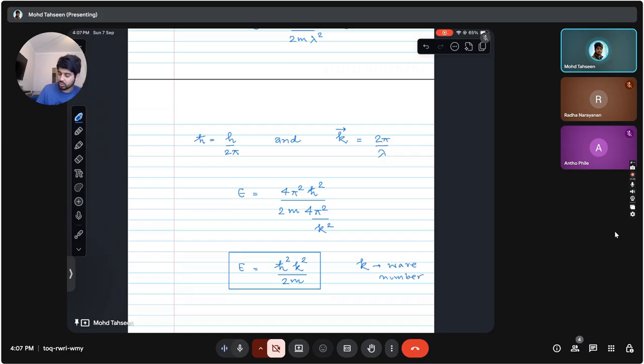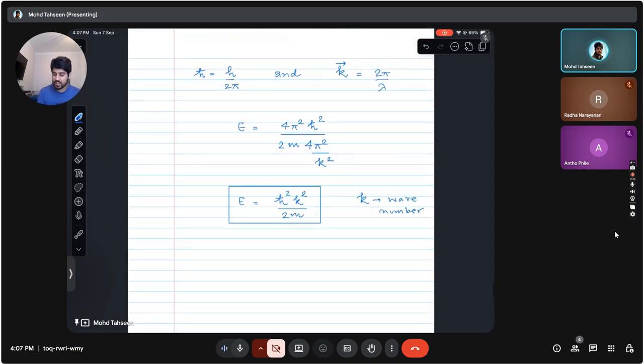Wave number is the reciprocal of wavelength, and a factor of 2 pi comes in. So what it tells us is that energy is a function of the wave number, right? And if this wave number is continuous, like in the case of a free string, fixed just at one end, in that case the energy can be continuous.